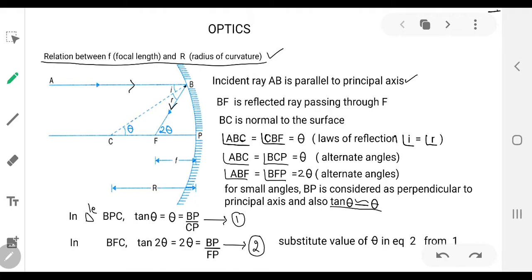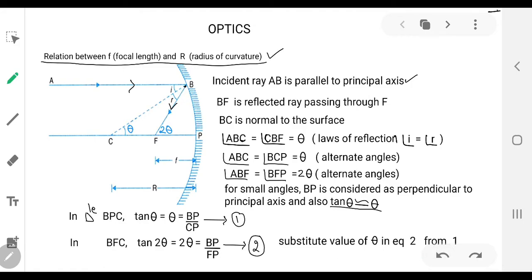So this is all about the ray diagram. Now we can measure the angle of incidence. It is nothing but the angle between the incident ray and normal to the surface. This we take as I, and the angle between reflected ray and normal to the surface is the angle of reflection R.